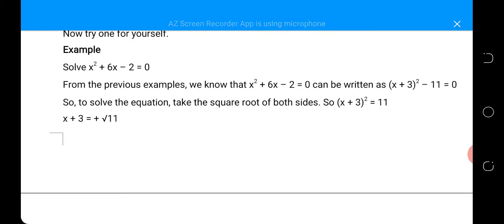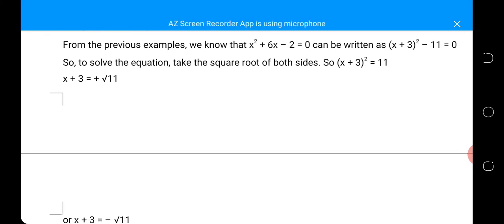So, to solve the equation, we transfer minus 11 to the other side, so that (x plus 3) squared is equal to 11.